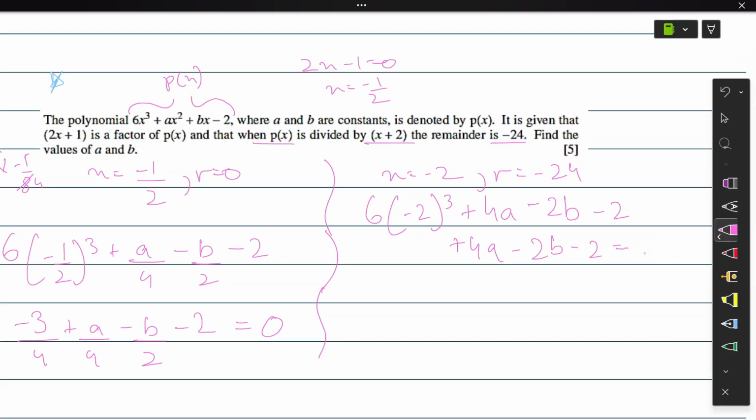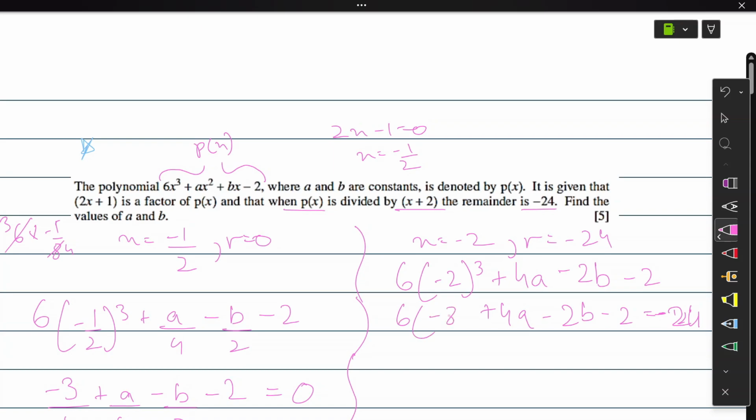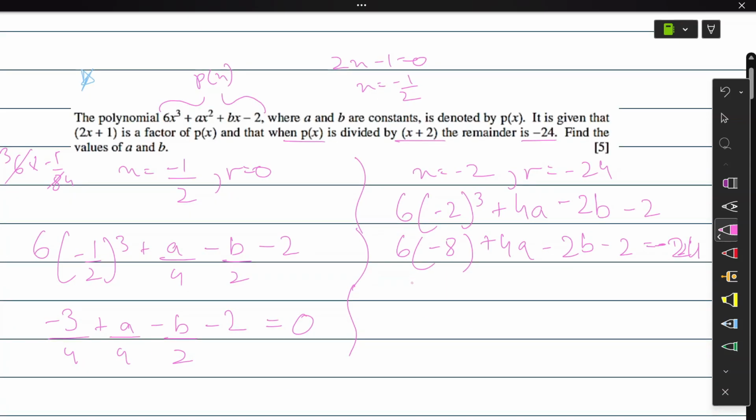There we go, 6 8s are 48. Sometimes I'm just really slow for no reason at all. So 4a minus 2b minus 2 equals minus 24.